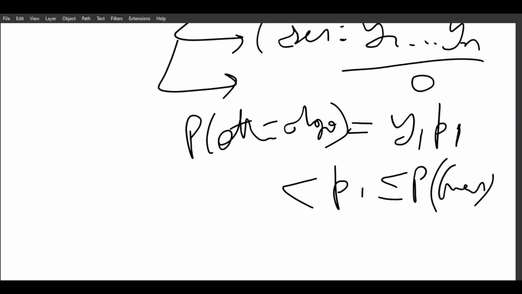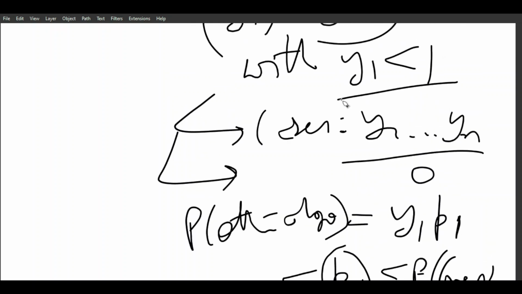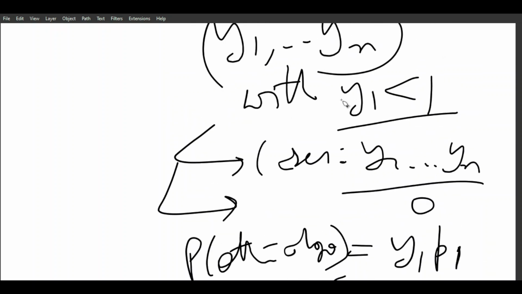Why? Because in greedy knapsack the first item is taken completely, so the profit of our algorithm is at least p1, but the profit of the other algorithm is y1 p1, and y1 is less than 1, so it is less than p1. So case 1 is proved, when all y2 up to yn are 0.